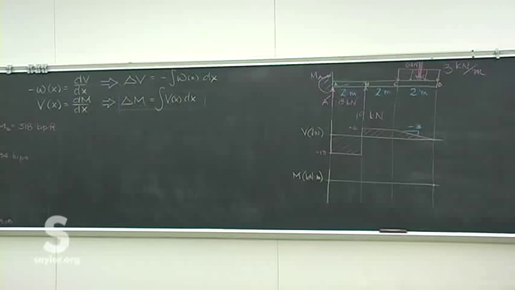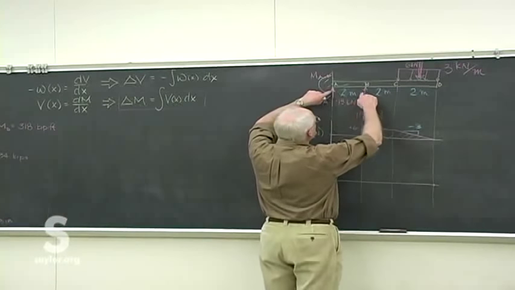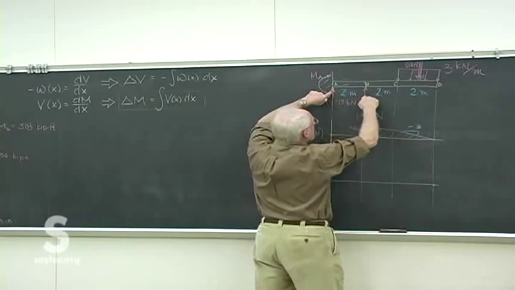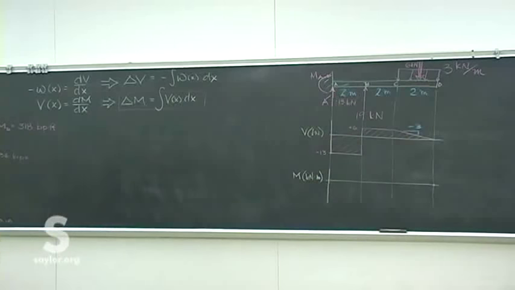Immediately put some moment in the beam. And you can figure it out by summing the moments about A and using the equivalent point load of the distributed load. Be careful, don't forget that's not actually there.